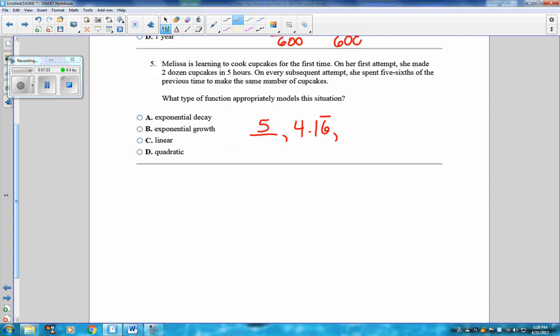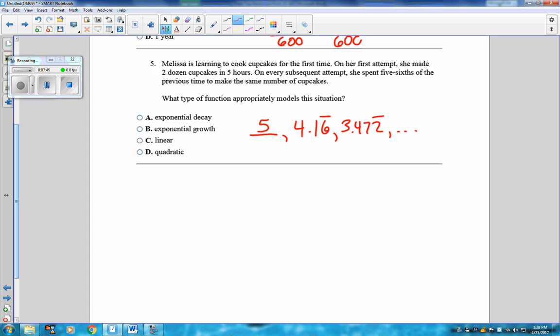And then if she spends 5/6 more of that, she's going to have 3.472 repeating. And then so forth until she gets really good at making these cupcakes.